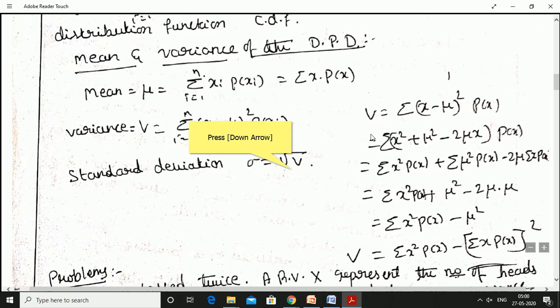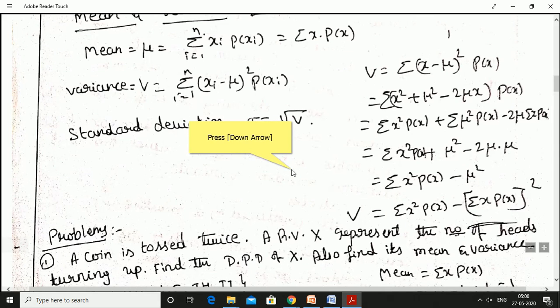And standard deviation sigma is equal to square root of variance. Mean of the discrete random variable is defined as mu is equal to summation x into p of x. Variance V is equal to summation of x square into p of x minus mu square, and standard deviation sigma is equal to square root of variance.